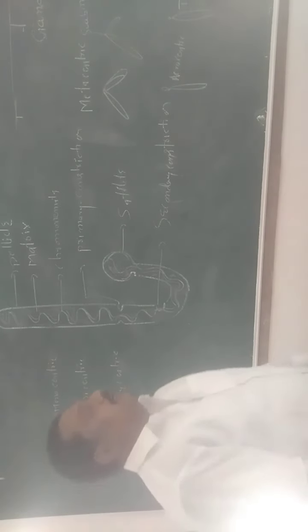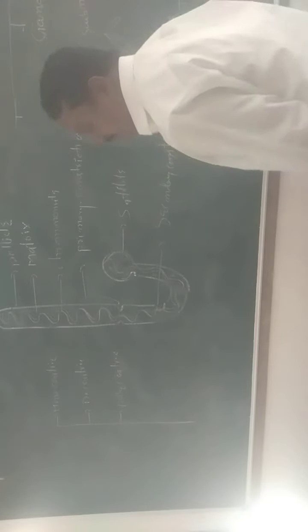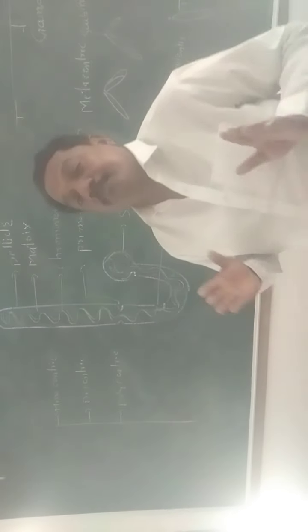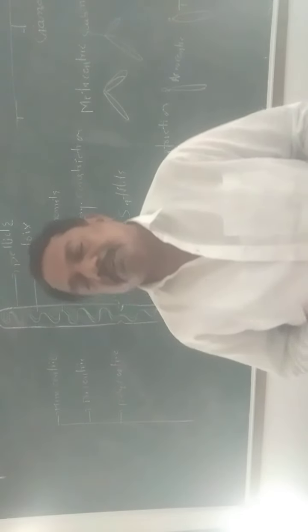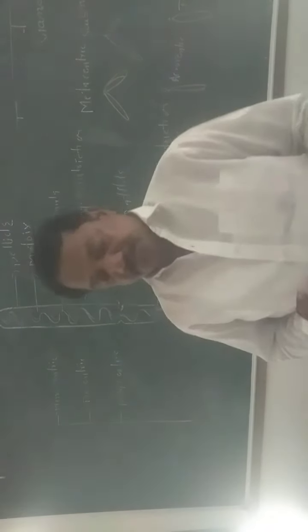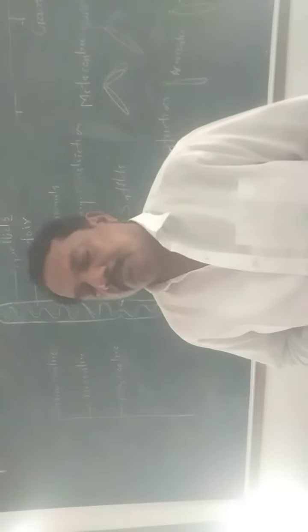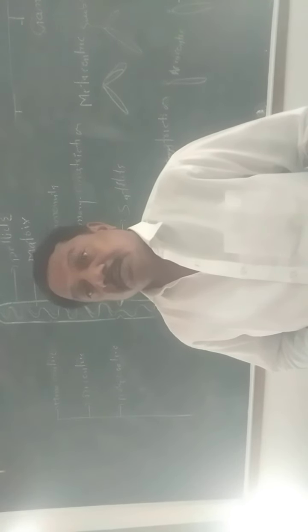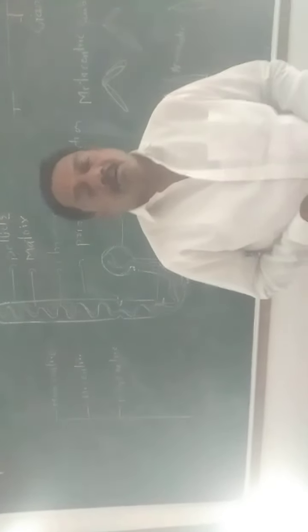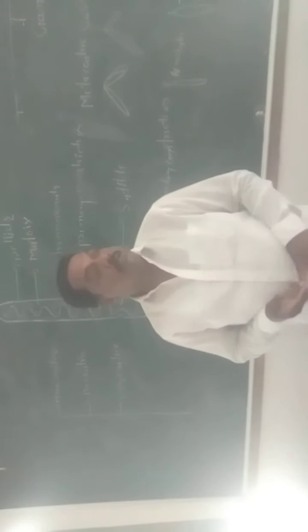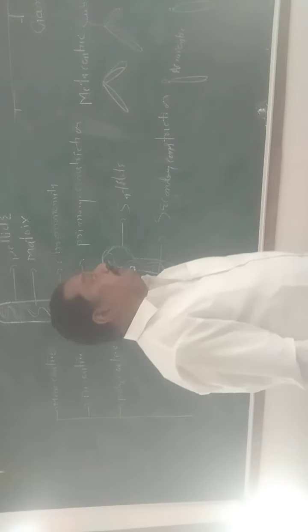Now another classification. Chromosomes are classified into four main categories on the basis of centromere position: metacentric, submetacentric, acrocentric, and telocentric chromosomes. Now the metacentric chromosome. Observe the figure.